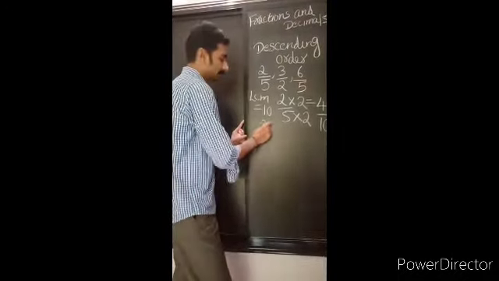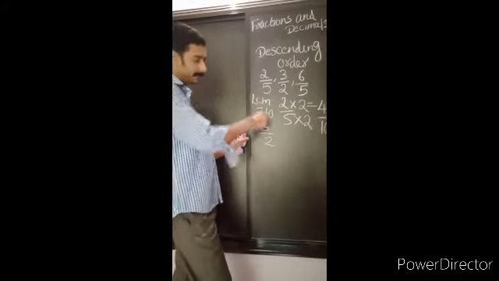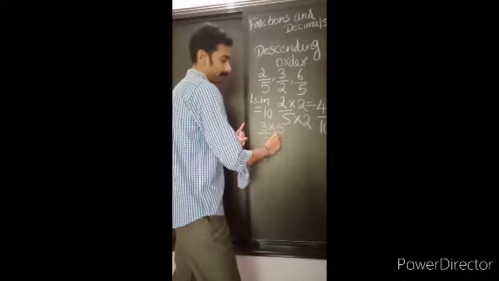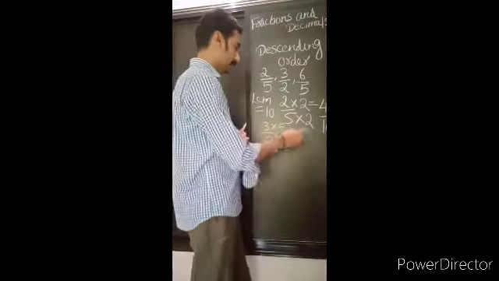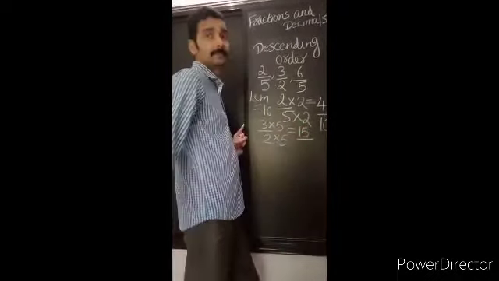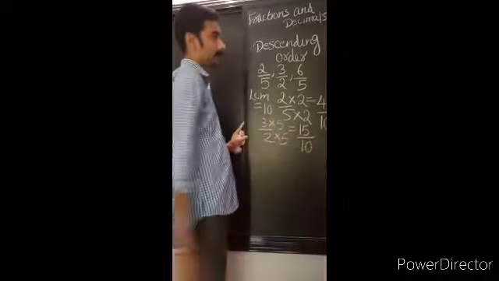Another one is 3 by 2. LCM is 10. 10 divided by 2, 5. 5 multiply numerator and denominator. 3 into 5, 15 by 2 into 5, 10.